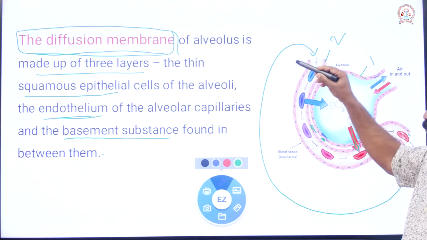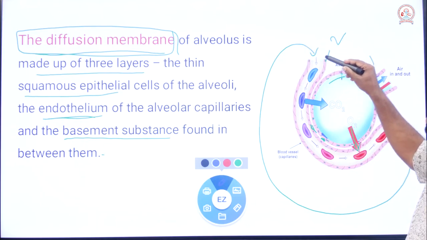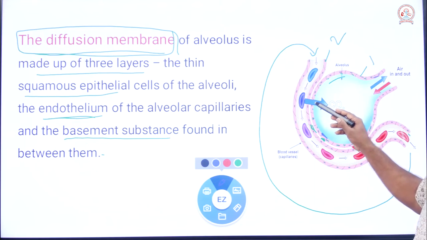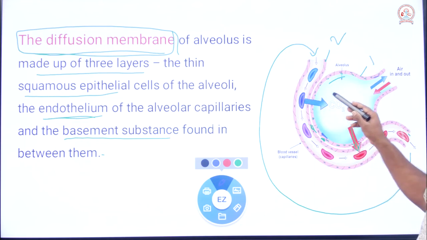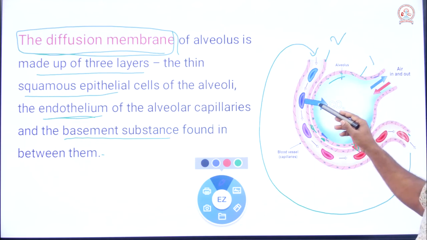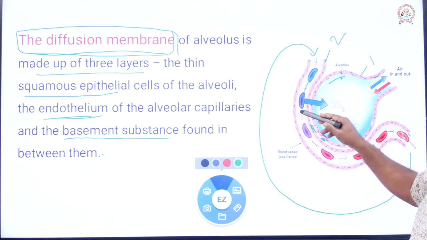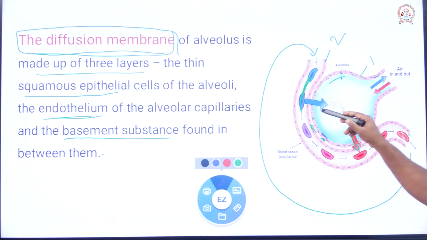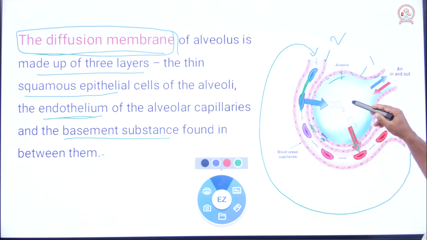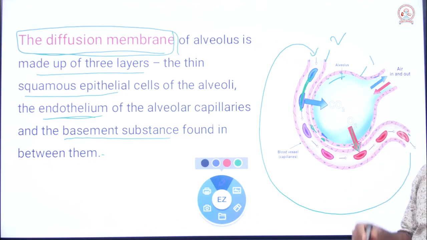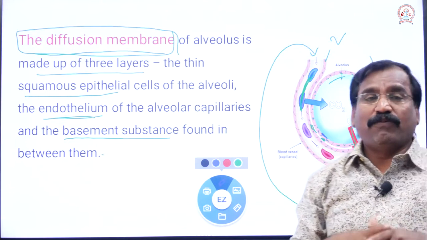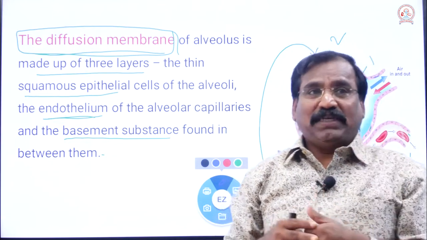The fine venous branches, the capillaries, give the carbon dioxide to the alveoli, because here the concentration is higher and there it is lower. So the carbon dioxide diffuses from the capillaries into the alveoli, and from the alveoli it is expelled out. That is the mechanism of breathing expiration.